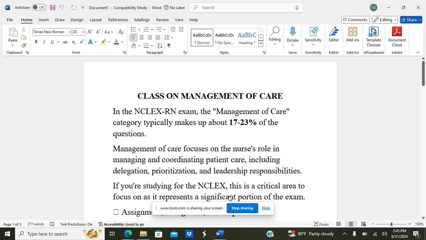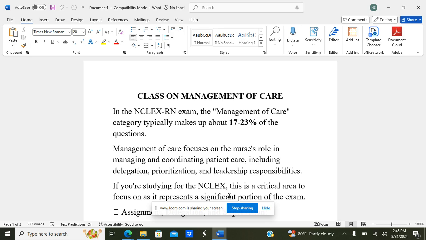What is included in management of care? Management of care focuses on the nurse's role in managing and coordinating patient care, including delegation, prioritization, and leadership responsibilities. Make sure you know the management of care content; it is very important.